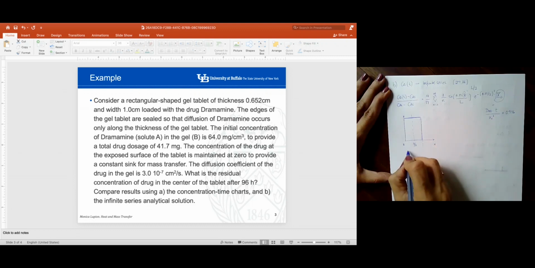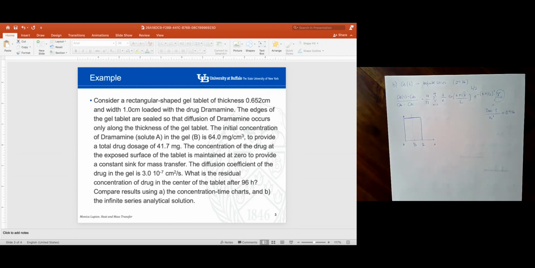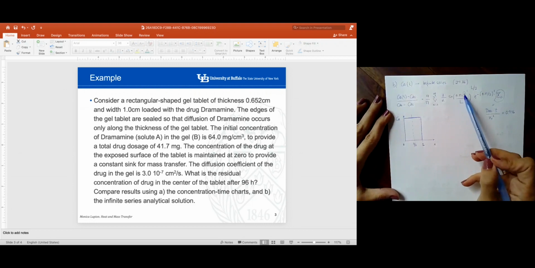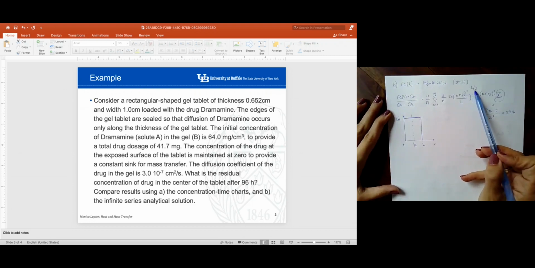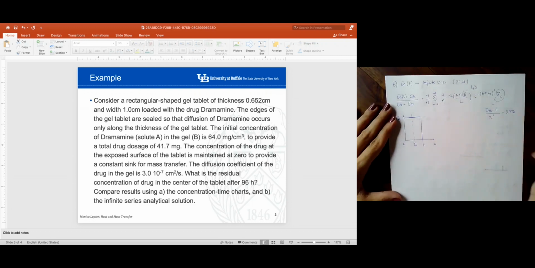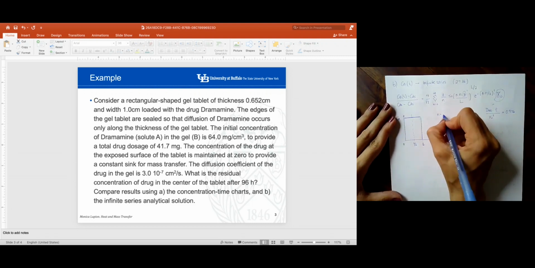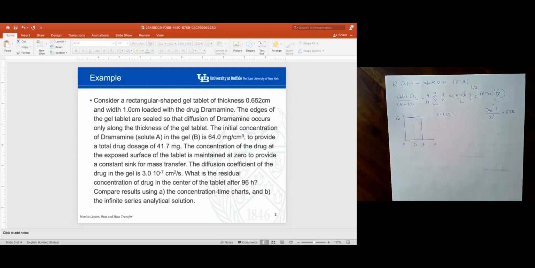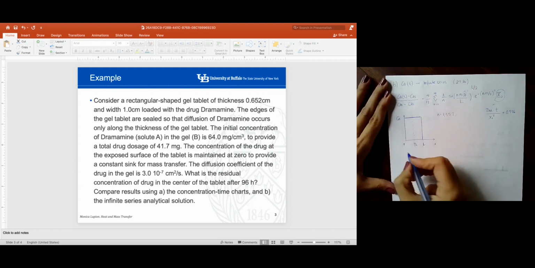Because the thickness will be equal to L. That's why I substitute zeta by L over 2, and L is the thickness of the tablet. n is equal to 1, 3, 5, 7, etc. So as long as you like. So let's begin.